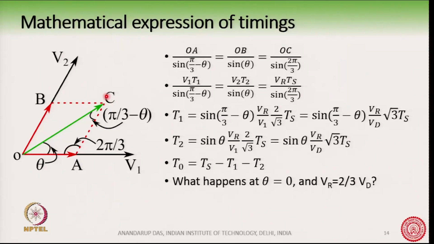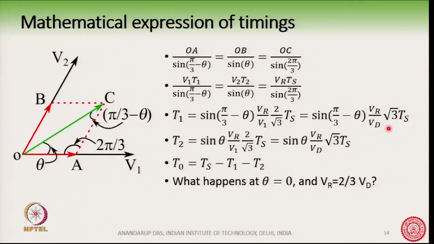OC is representing that length Vref into Ts. So, substituting OA as V1 into T1, OB as V2 into T2 and OC as VR into Ts, we get these two equations, from which it is possible for us to calculate the value of T1 as this expression here.